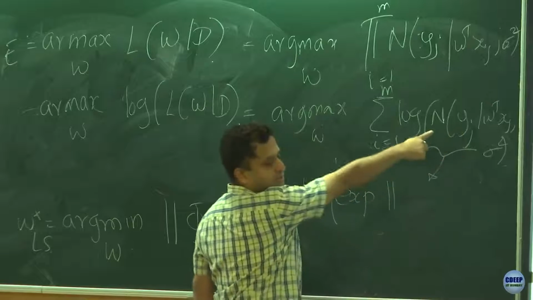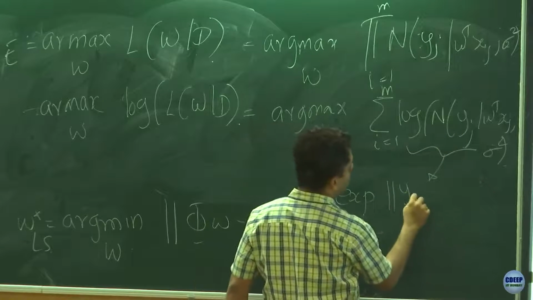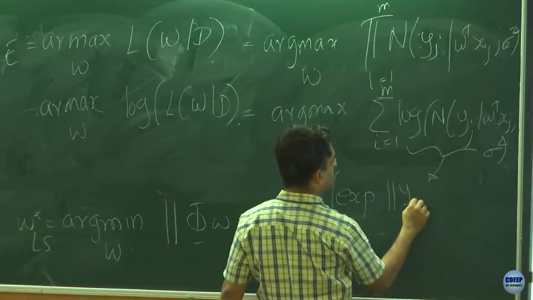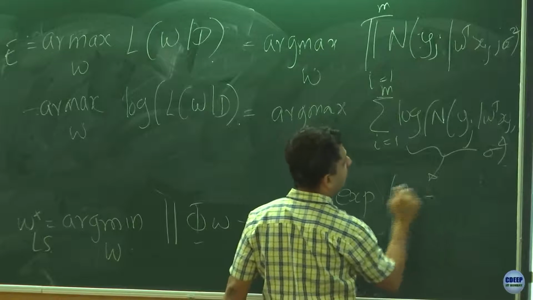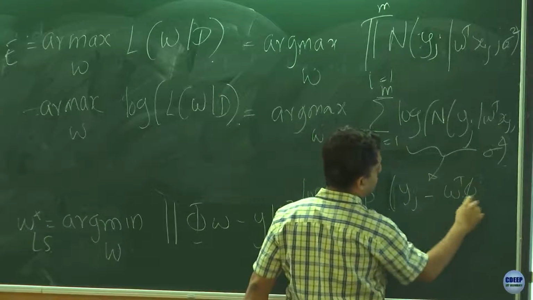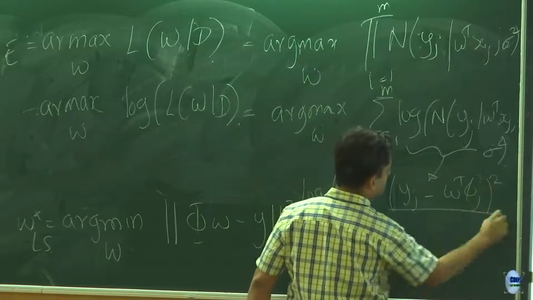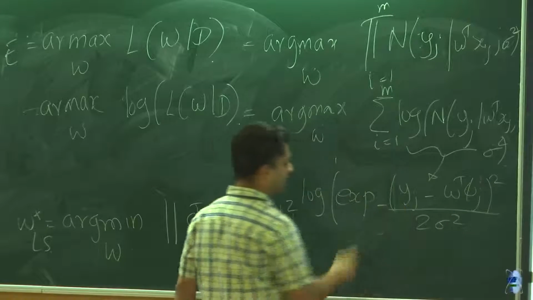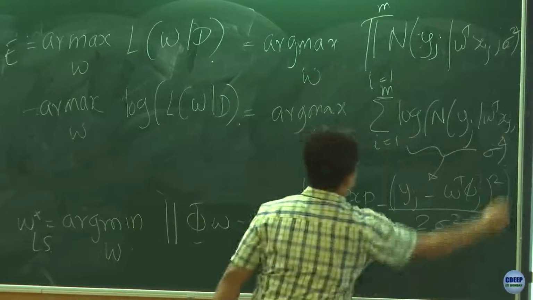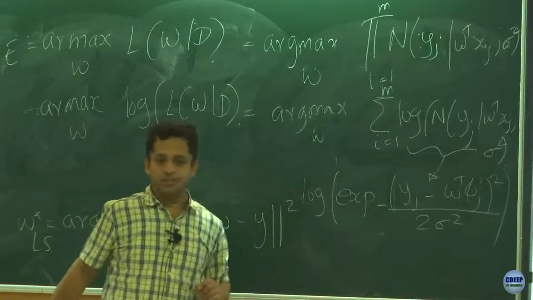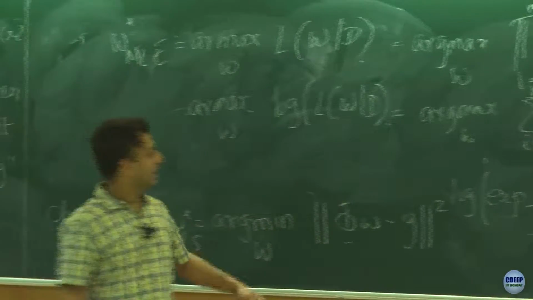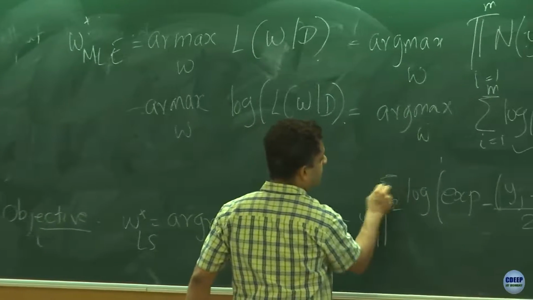it will be yj minus w transpose phi xj squared divided by 2 sigma squared, with a minus sign. So log of exp of this form, and you are summing across all of these, right?